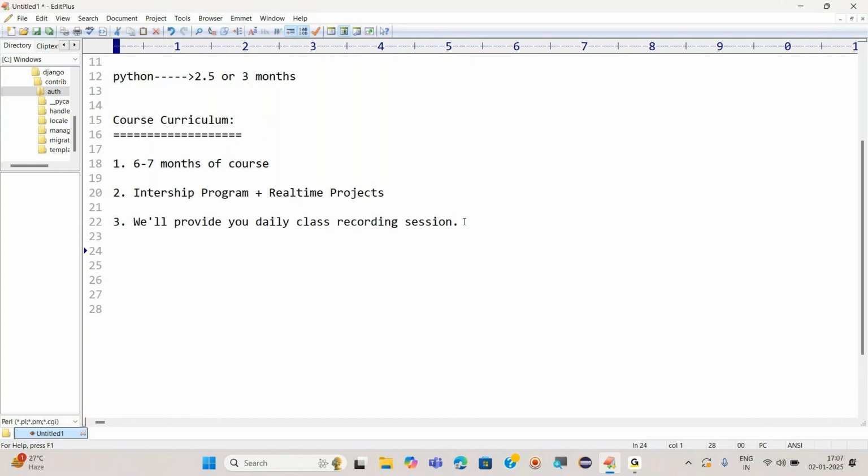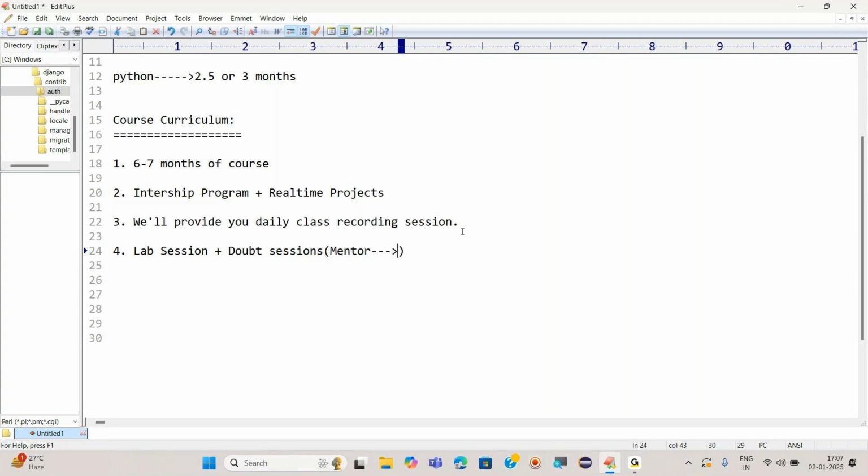We will also be providing lab sessions, and in the lab session itself we'll have a doubt session. You'll have a mentor, and myself also, for doubt clarification.